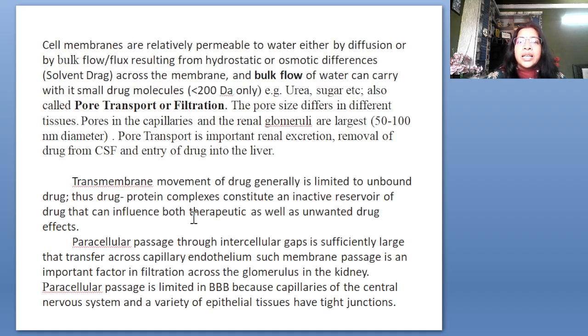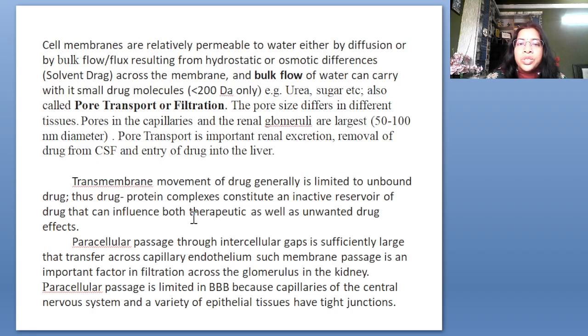Cell membranes are relatively permeable to water either by diffusion or by bulk flow or bulk flux resulting from hydrostatic or osmotic differences, which is known as solvent drag across the membrane. Bulk flow of water can also carry along with it smaller drug molecules or solutes, which are generally less than 200 daltons.